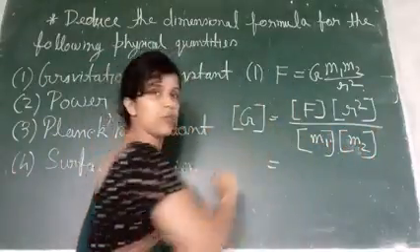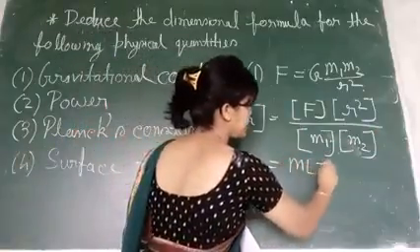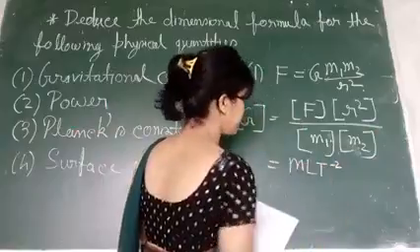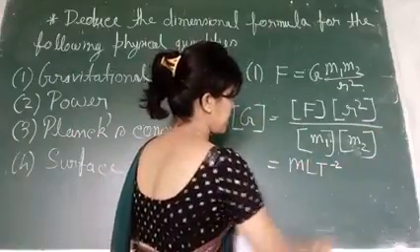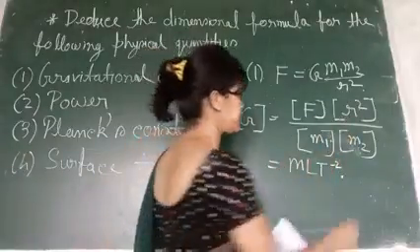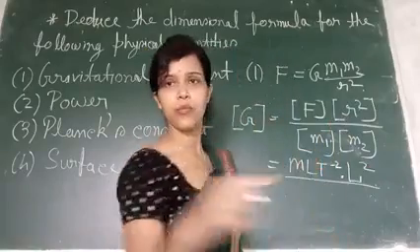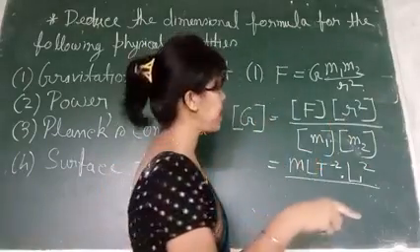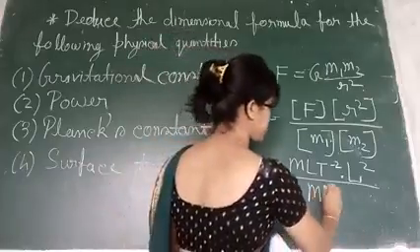So dimensional formula of F is M L T to the power minus 2. Already we got this thing. And dimensional formula of R squared is L squared, divided by dimensional formula of M1, which is M, and M2, which is M. So this will be M squared.